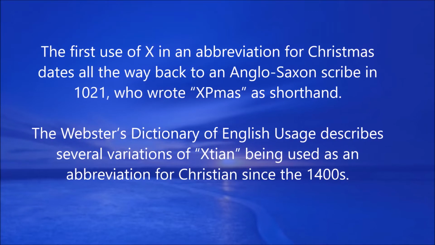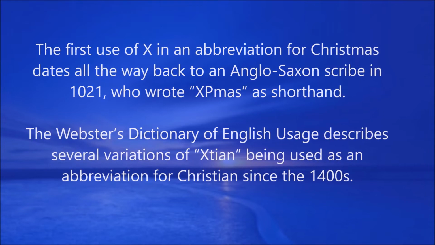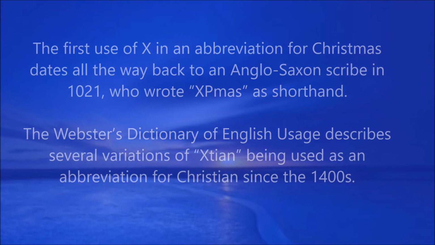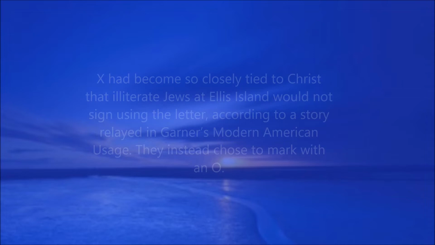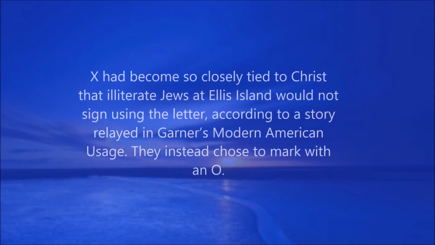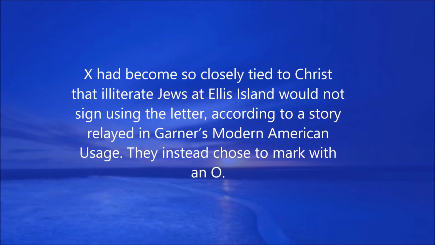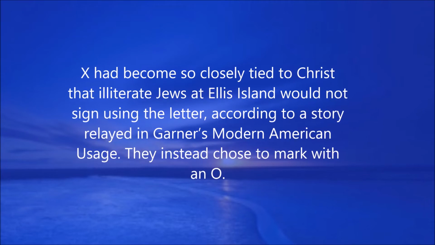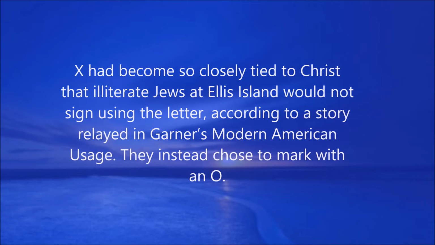Webster's Dictionary of English Usage describes several variations of Xtian being used as an abbreviation for Christian since the 1400s. X had become so closely tied to Christ that illiterate Jews at Ellis Island could not sign using the letter. According to a story relayed in Garner's Modern American Usage, they instead chose to mark with an O.